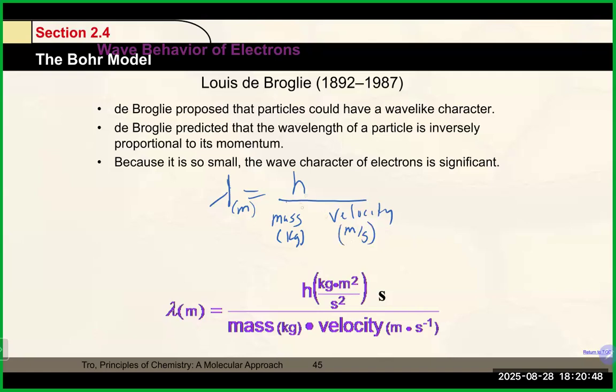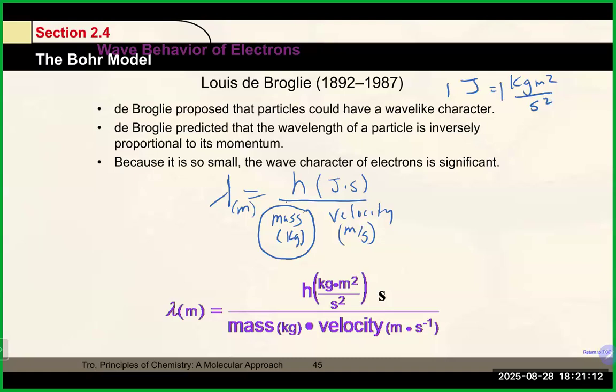Now, the reason why the mass here does need to be in kilograms has to do with h's units. The units of h are joules times seconds. If you remember, I think we saw at the very end of chapter 1, a joule is equal to a kilogram meter squared per second squared.